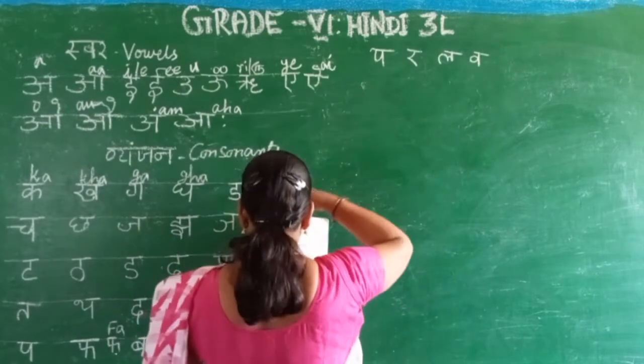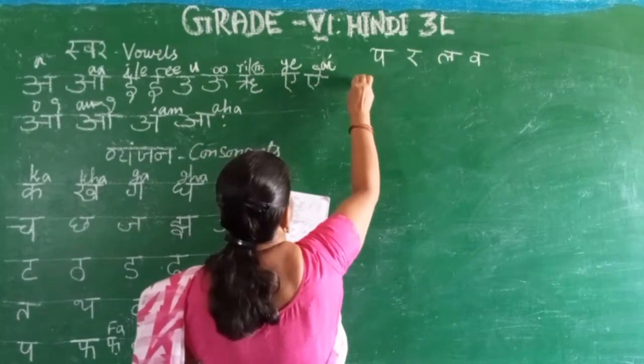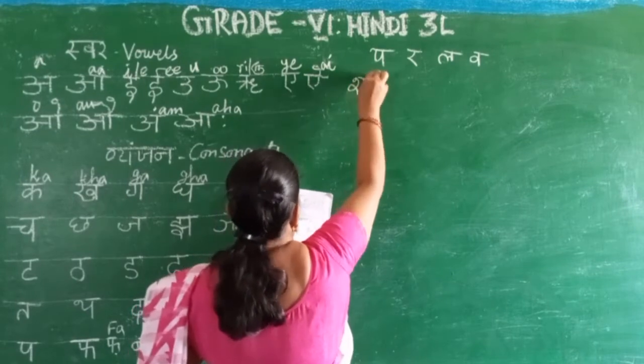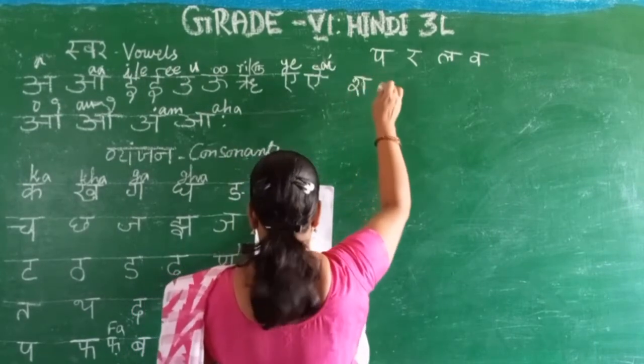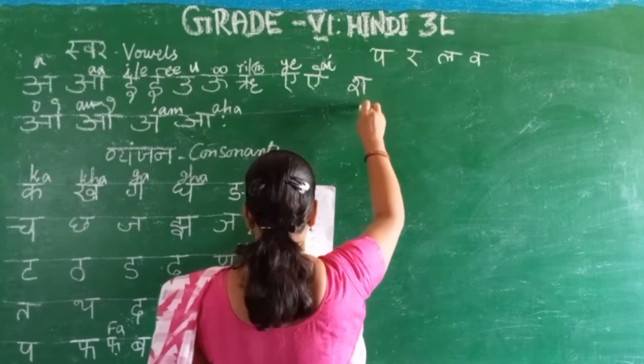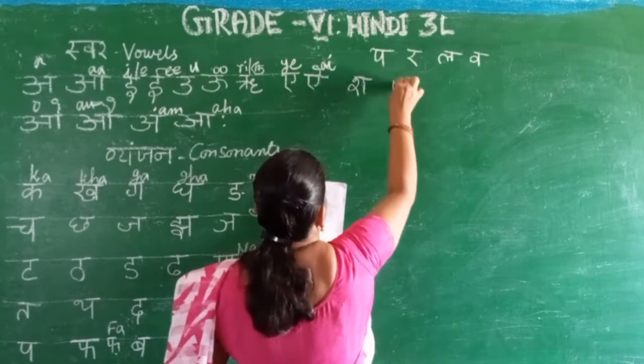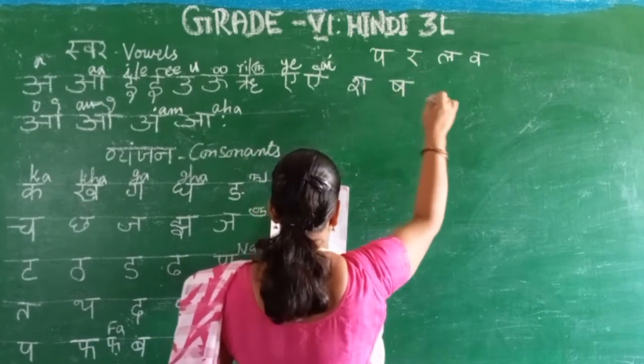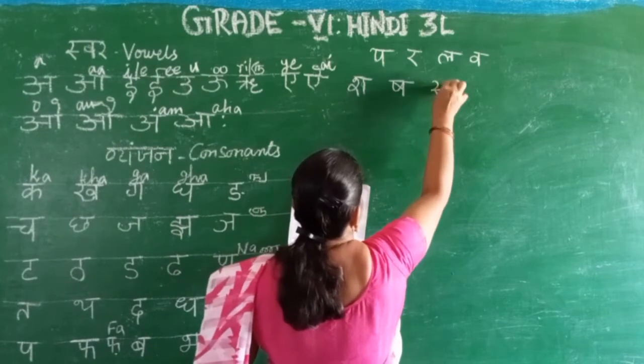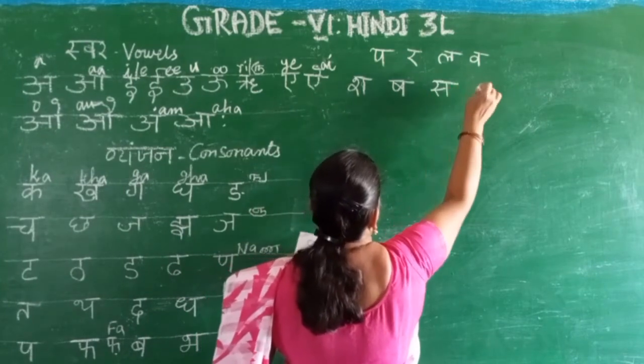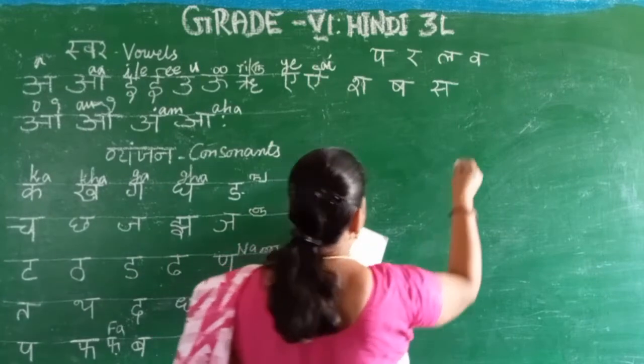Next one, sha, sha, sa, ha. This is S-H-A, sha. S-H-H-A, sha. S-A, sa. And next one, ha.